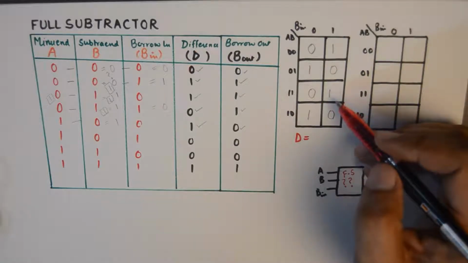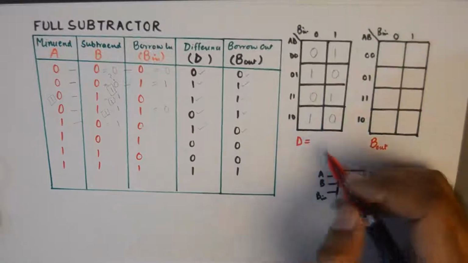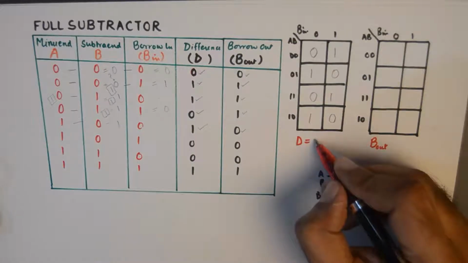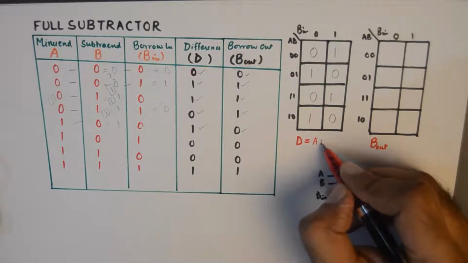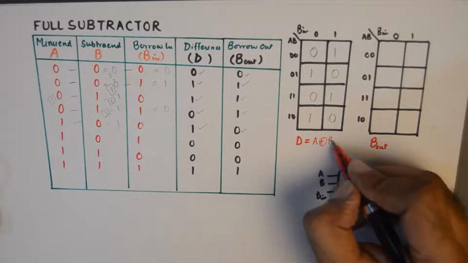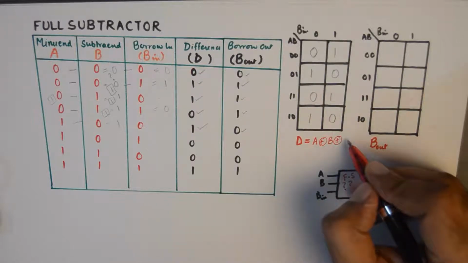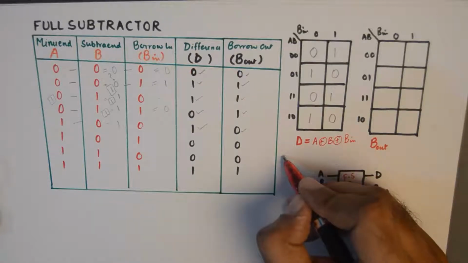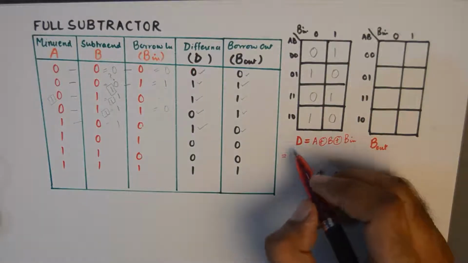this, they make up the minimization as A XOR B XOR B in, or in an expanded form it looks something like this.